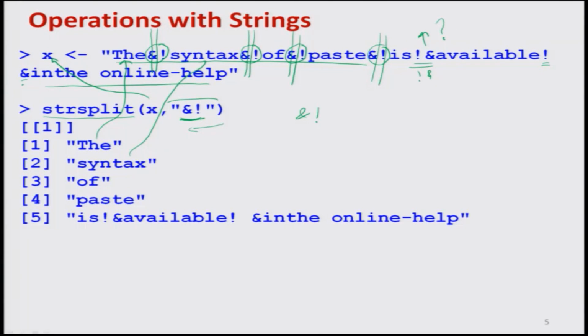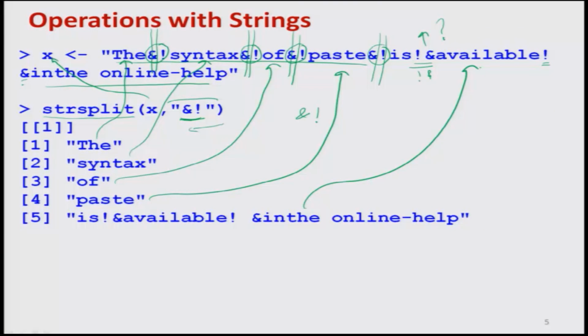The second is coming from this syntax. The third is coming from here, of. The fourth is coming from here, the fifth, and all this is coming from the remaining part. So you can see by using different types of logical operators you can do it, and similarly we would like to first see what happens when we do it over the R console.